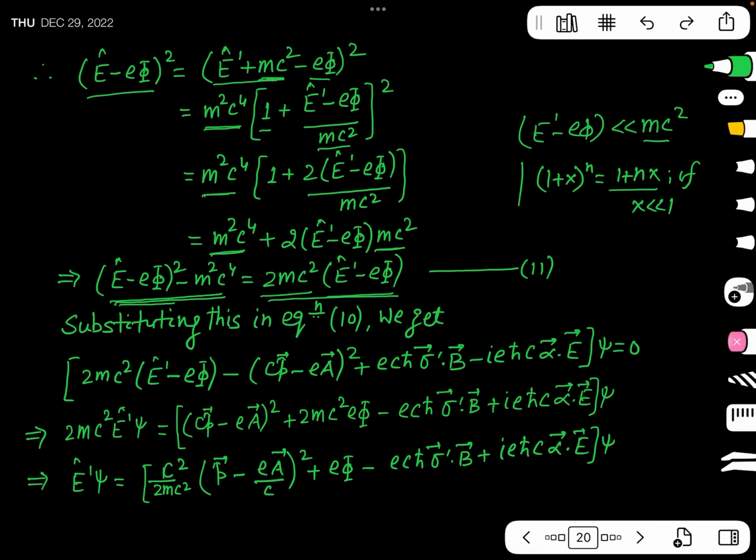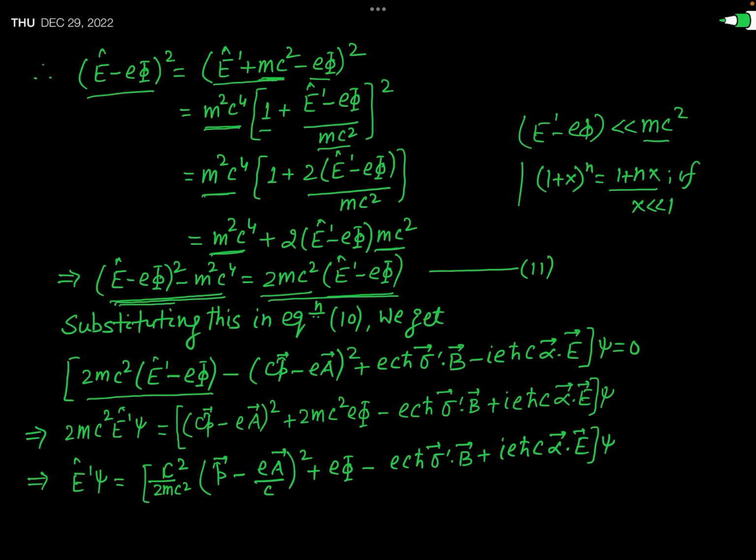So instead of those two terms, I have written 2mc square times E dashed minus E phi. The remaining terms are cp minus eA whole square plus ech bar sigma dash dot B minus i e h bar c alpha dot E, operated on psi, that is equal to 0.